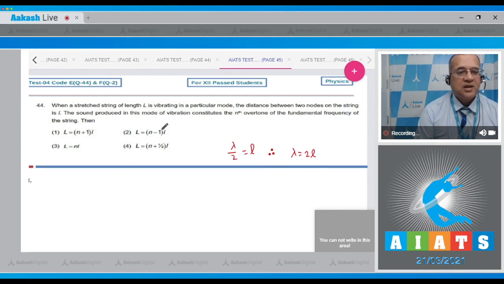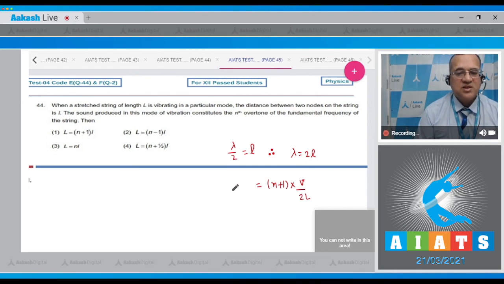The nth overtone means n plus 1 times the first harmonic, which is n plus 1 times the sound velocity divided by 2L.